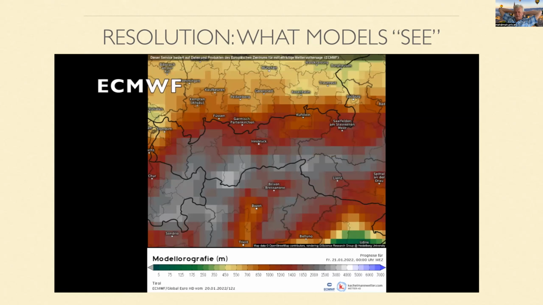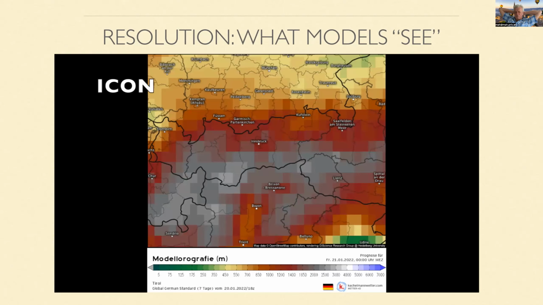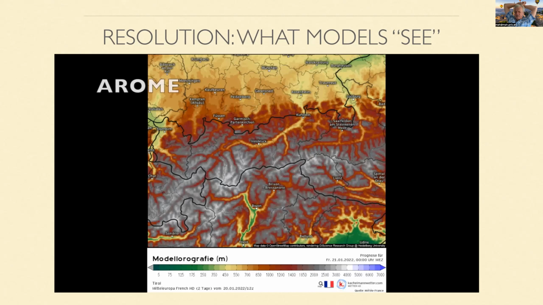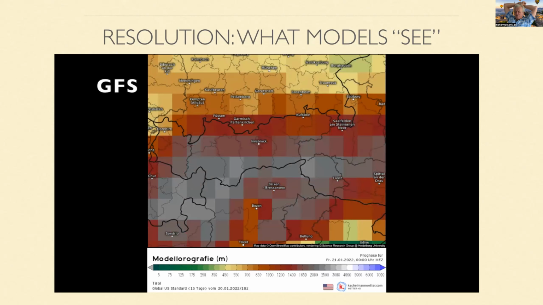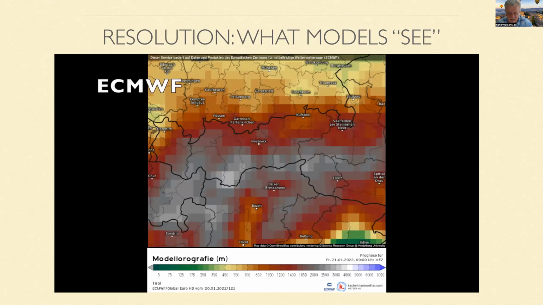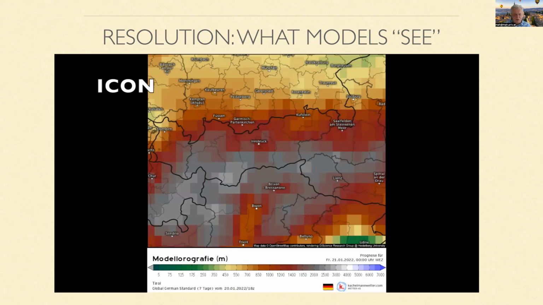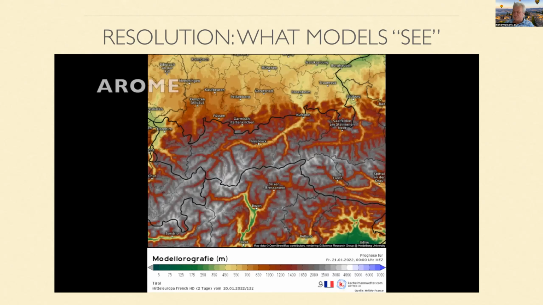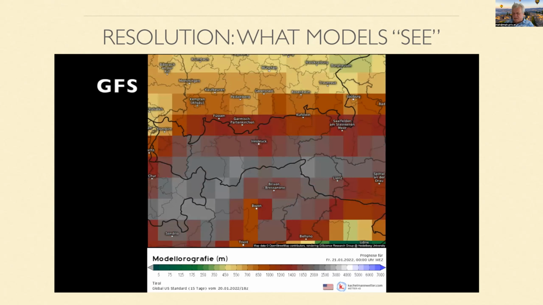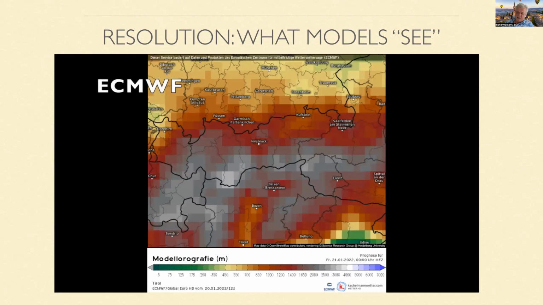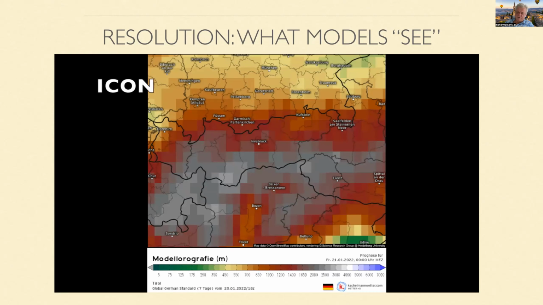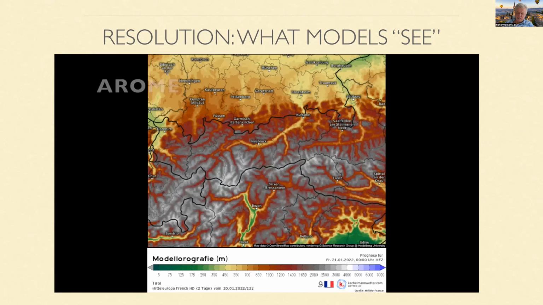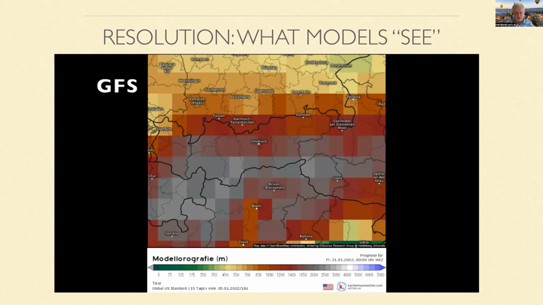And you see what a difference it makes in what detail of the orography the model actually can see. Yeah? So you see the high-resolution models actually see if you're in the valley. I'm not sure if that is the proper term, but then I'm claiming MBA rights. I'm not a meteorologist. But that gives a rough idea on what the resolution of these models is, and why using a high-resolution model is a good idea if you can get it.